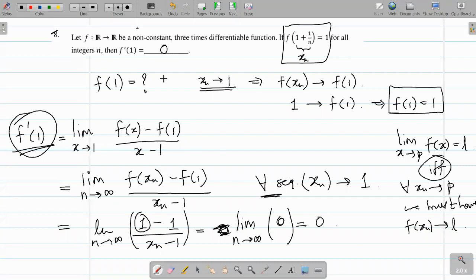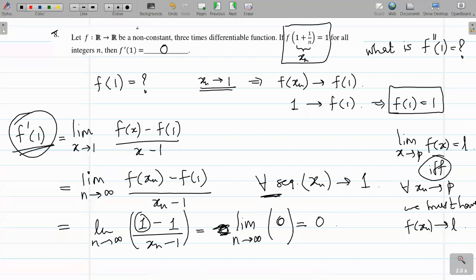No, actually, I don't want to just stop at f dash 1. In fact, I want to ask what is f double dash 1? Can I compute f double dash at 1 from the given information? Yes, f double dash 1 can be computed.